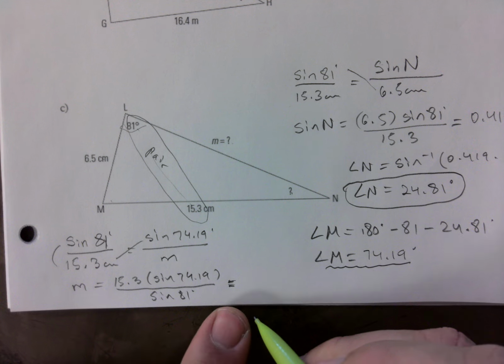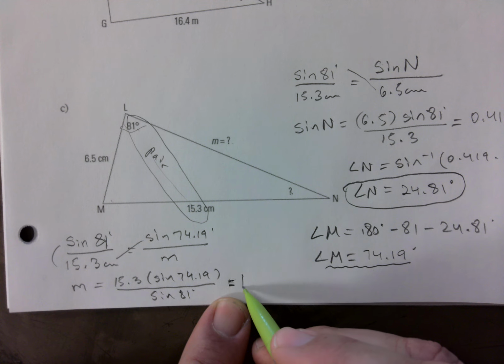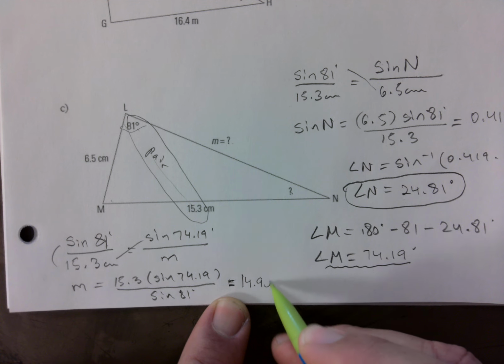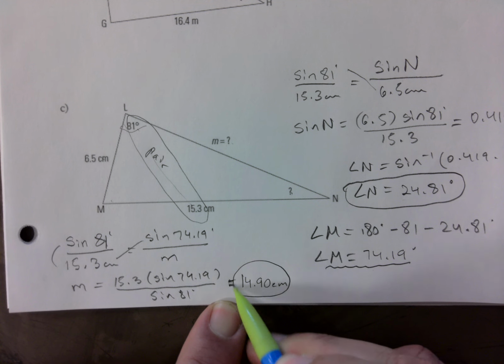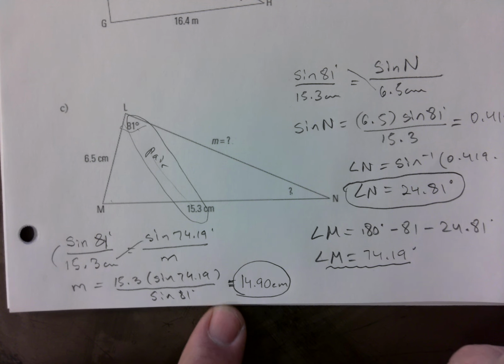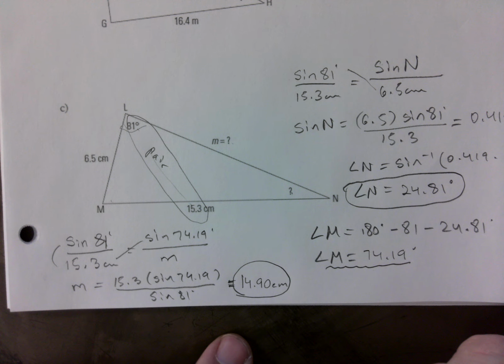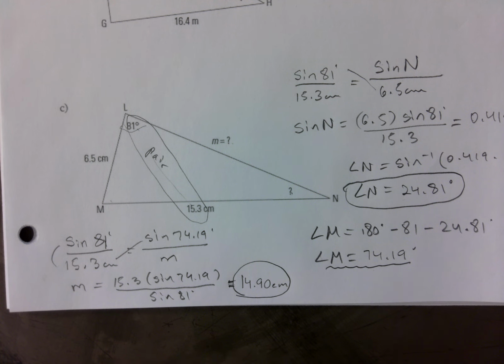Okay, so cross multiply and divide, you get 14.90 if you round that correctly, centimeters. We're good? Clear? Okay.